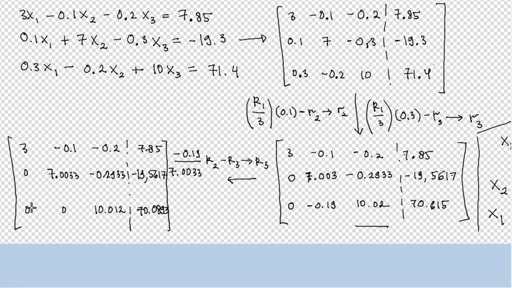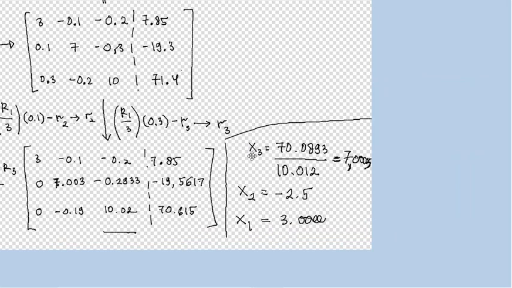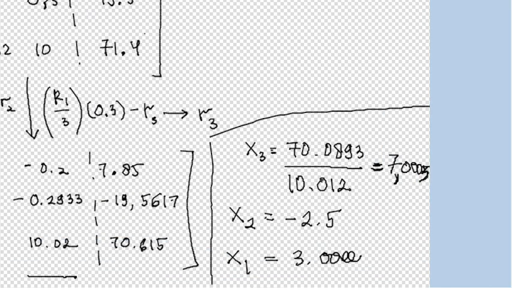So my Gauss elimination has already finished. Then I just need to substitute the result. If I substitute, I start from x3. x3 is 70 point something, divided by this, then the result will be 7.003.